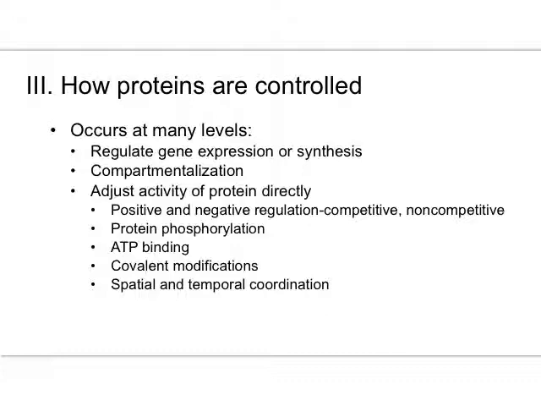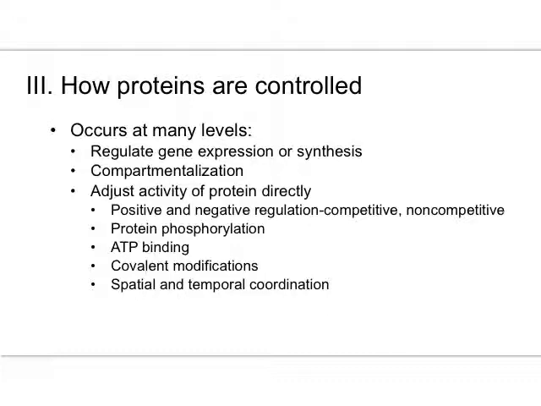Another thing is that there are still many, many hundreds of proteins active in every cell, and compartmentalization helps keep certain proteins and activities to certain regions of the cell, especially eukaryotic cells where we have different organelles carrying out different types of reactions.